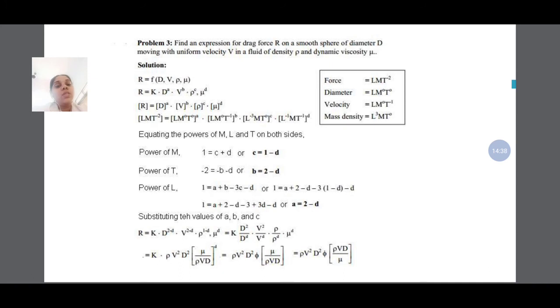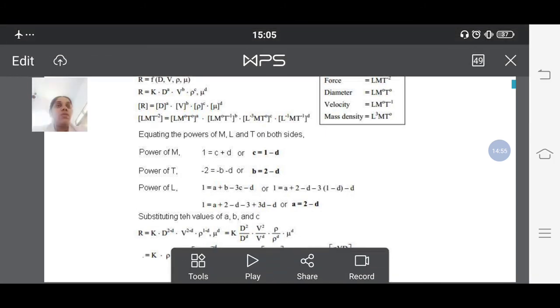So this term is also written as k into d squared divided by d to the power of d. And v squared into v to the power of minus d is also written as v squared divided by v to the power of d. And rho to the power of 1 minus d is also written as rho to the power of 1, which represents rho only, so rho divided by rho to the power of d, and mu to the power of d.